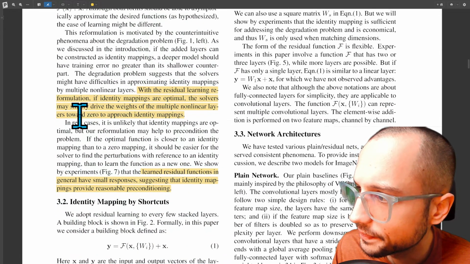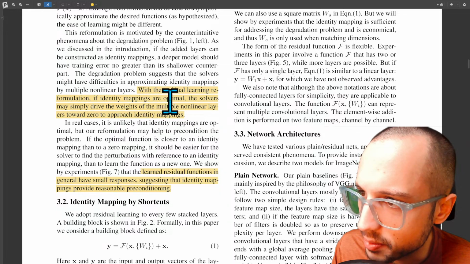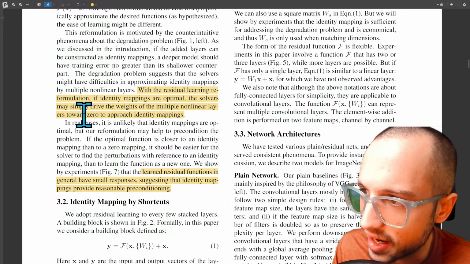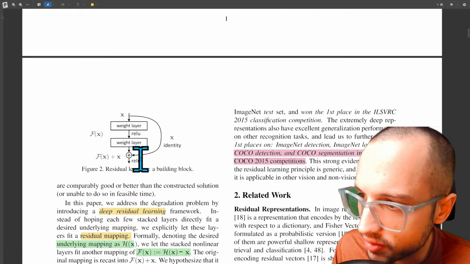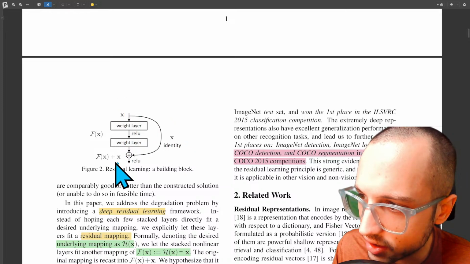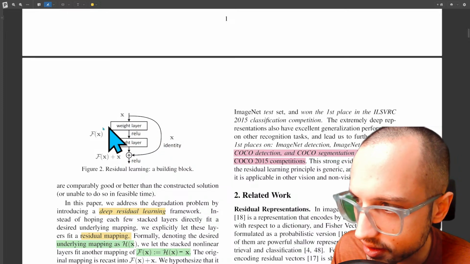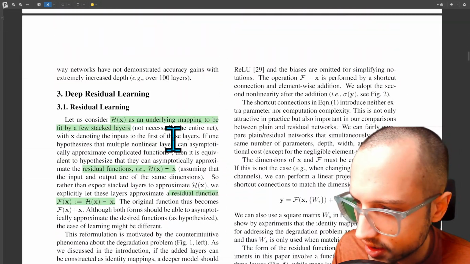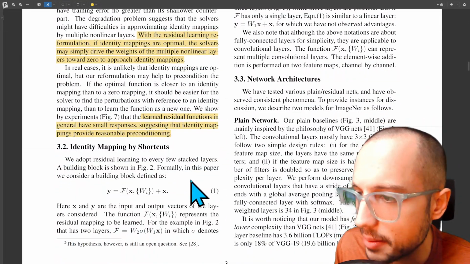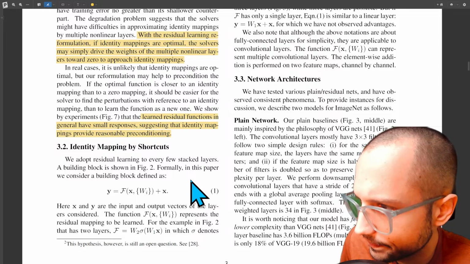The weights of the multiple nonlinear layers would drive towards 0, right? So they would basically say that because you're providing this identity path around the layers, these weight layers are just going to become zeros and become identities, and you're basically not learning anything. But by the magic of the universe, it just so happens that that's not the case.